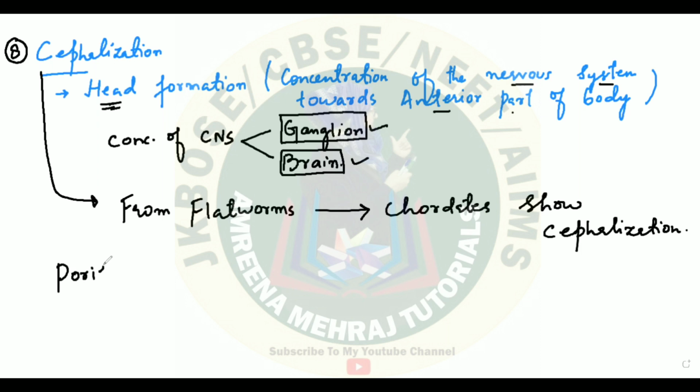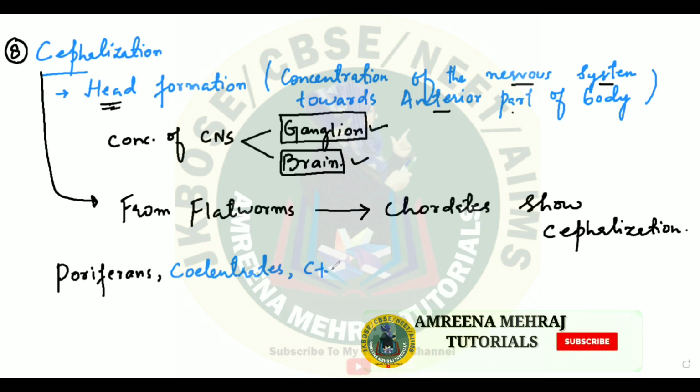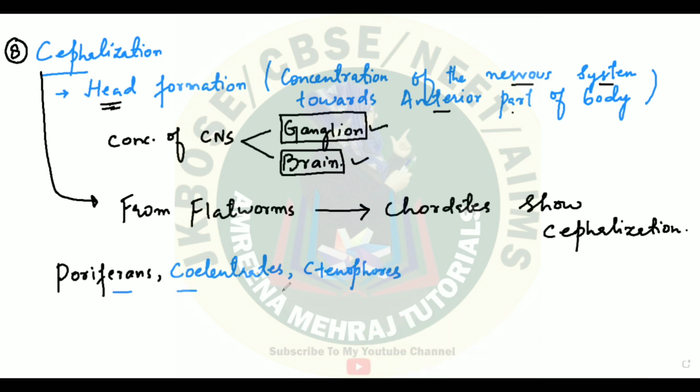If you go below flatworms, that means poriferans, the sponges, the cnidarians, which we also call coelenterates, and ctenophores, these organisms do not show cephalization.